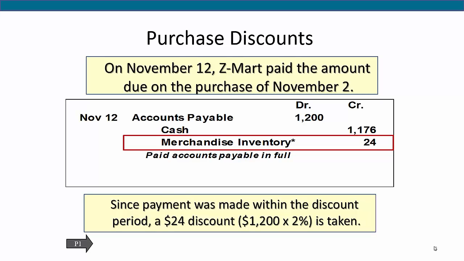Okay, a note of caution. Accounting 101 teaches you to record purchase discounts in its own account, probably because sole proprietors don't have sophisticated accounting software, or some of them anyway. In this class, you will need to change your thought process and memorize this entry. So remember, purchase discounts reduce the merchandise inventory account directly.